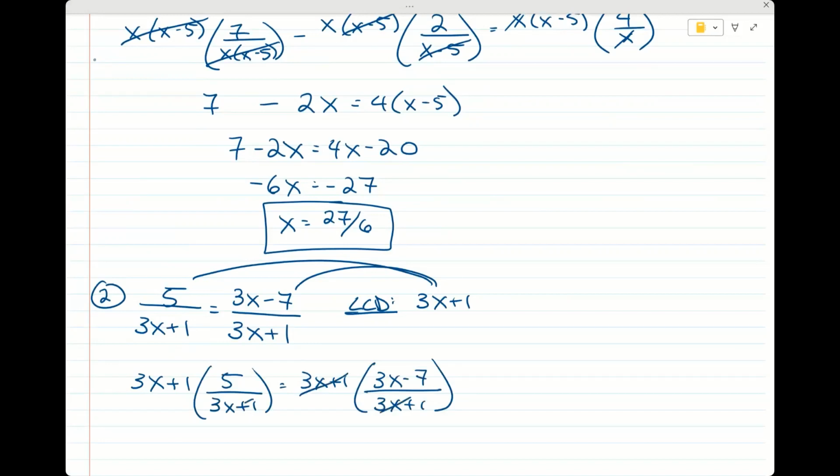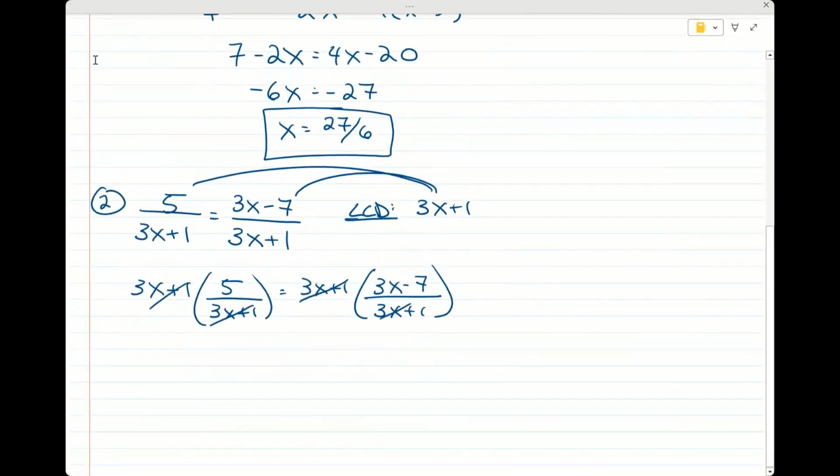The denominators cancel, and this is a much simpler problem. 5 is equal to 3x minus 7. If you add the 7, you just get x is equal to 4.